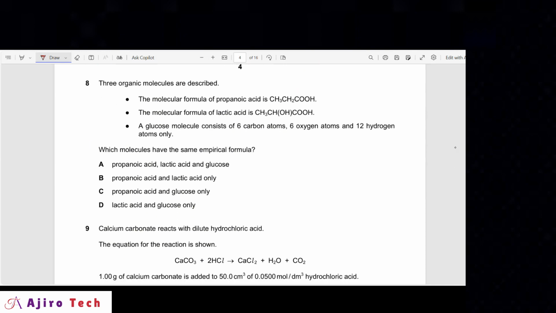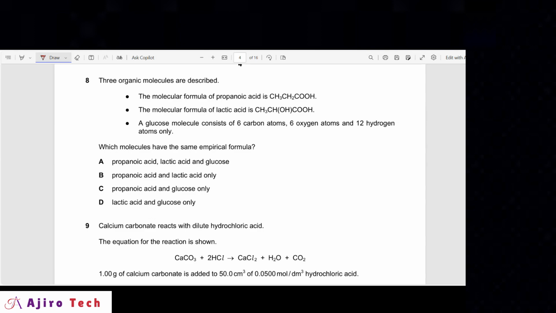3 organic molecules are described. The molecular formulas are all outlined. Which molecules have the same empirical formula? To get the empirical formula, we have to count the actual number of atoms here. So we have 3 carbons, that's 1, 2, 3. Hydrogens, we have 5 plus 1, that's 6.